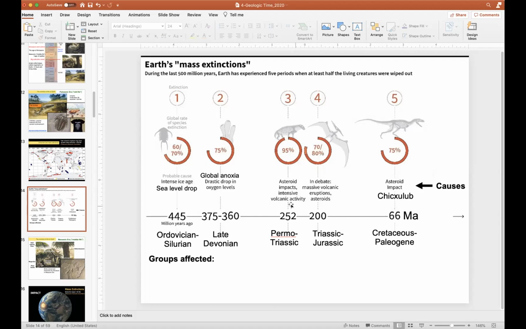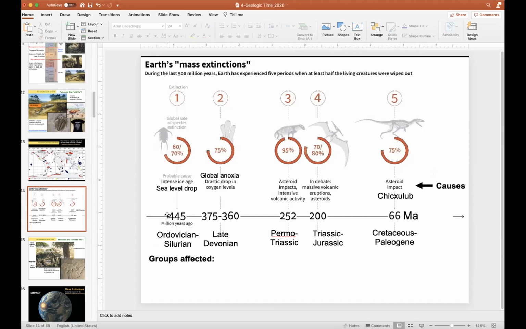I showed you the Siberian traps are dated at 252 million years. So that could be similar to the Deccan traps in India, those two volcanic periods, along with impacts from large meteorites, can trigger these extinction events.